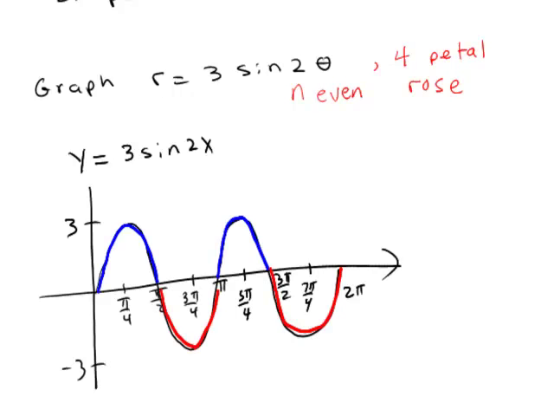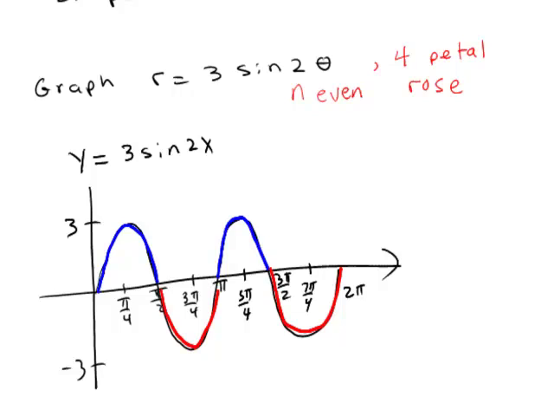Okay. Now, to help me graph r equals 3 sine 2 theta, I like to use the graph of y equals 3 sine 2x. The reason I do this is that it's a quick and easy way to observe how r is changing as the angle increases.